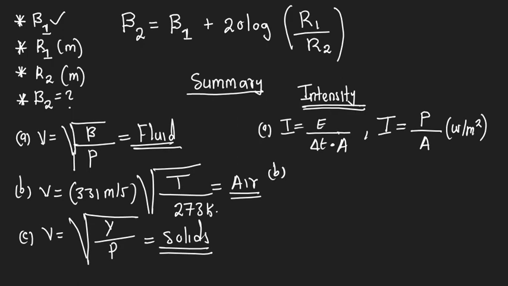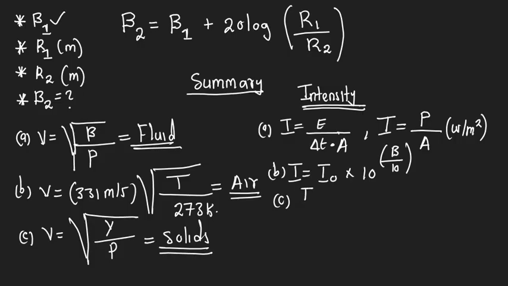What is the other formula for calculating intensity? We say that intensity is going to equal the initial intensity multiplied by 10 to the power B over 10. How about if you are given distances, what formula do you use?